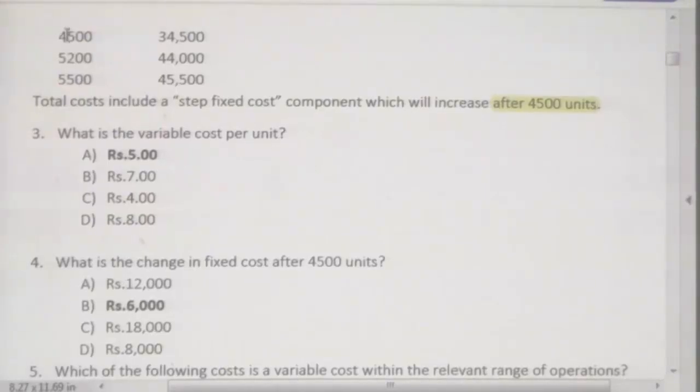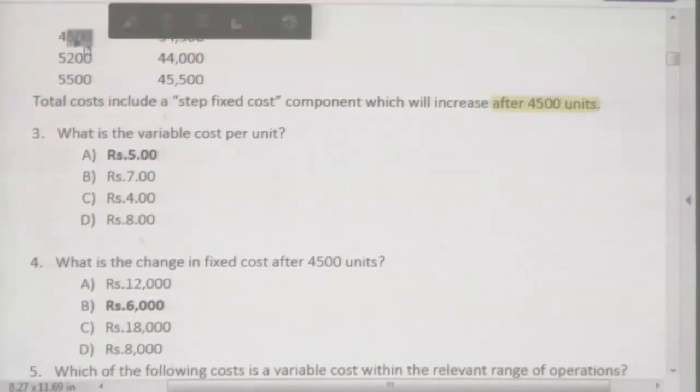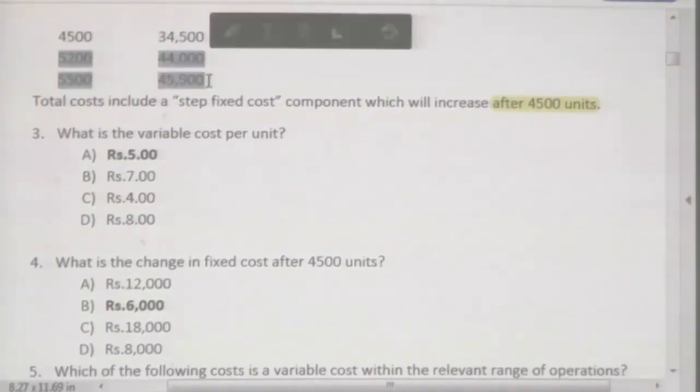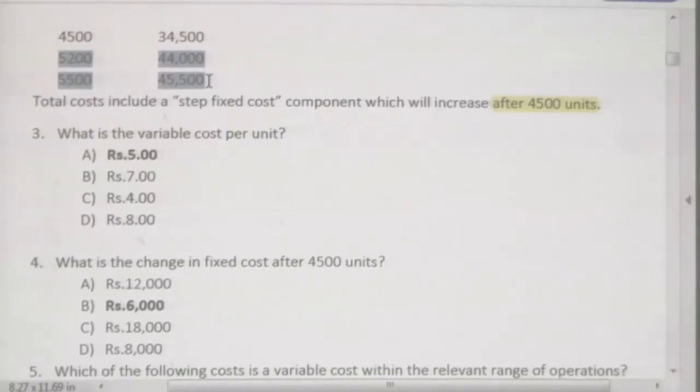Therefore, up to this point you don't have step cost, right? Thereafter, in these two scenarios you have the step costs. Clear? The first, question number 3: what is the variable cost per unit? Question number 4: what is the change in fixed cost after 4,500? That's called the step cost.